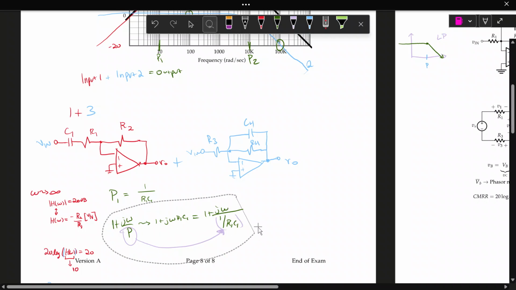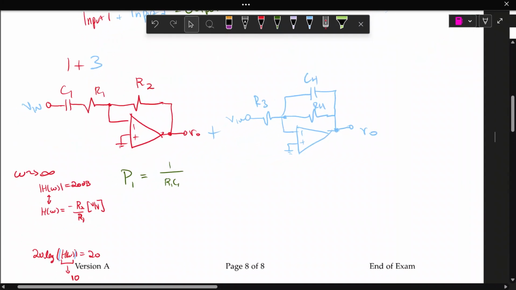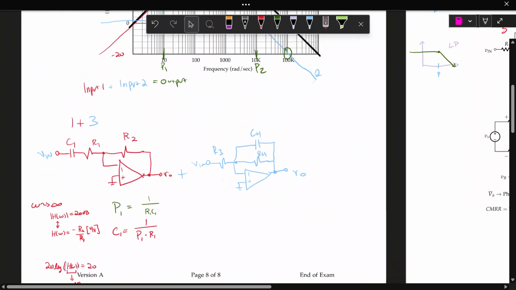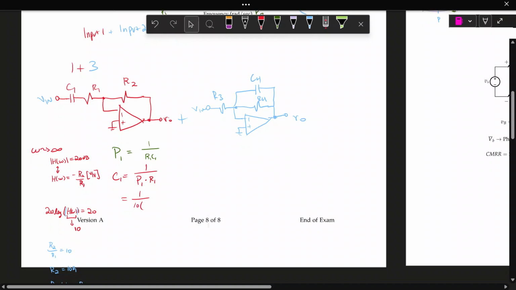So, now that we have that out of the way, what do we know? Let me move this out of the way so I don't accidentally press it. Well, we know R1, and we know pole 1. That means C1 is equal to 1 over pole 1 times R1. Just rearranging, doing some algebra there. Pole 1 was 10. So this is equal to 1 over 10 times R1.